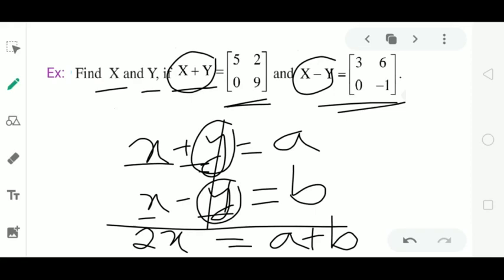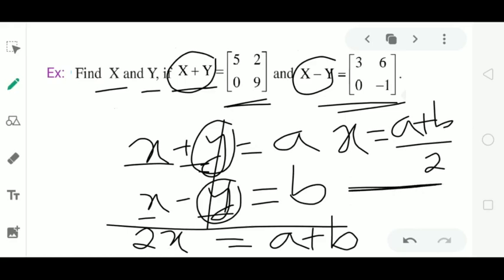Then dividing by 2 on both sides we get x is equal to (a plus b) by 2. Here we obtained the value of x. Next, to find the value of y, we substitute this value of x in either equation 1 or equation 2, and on solving we get the value of y.